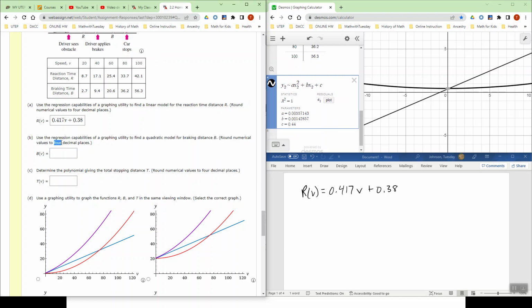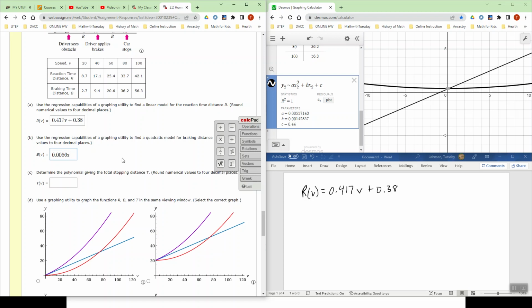It says round to 4 decimal places. I only had 2 and 3 here. That's all I have. Maybe I should put in a 0. We'll find out. It says 4 decimal places. So we're going to call this 0.0056 times V squared.